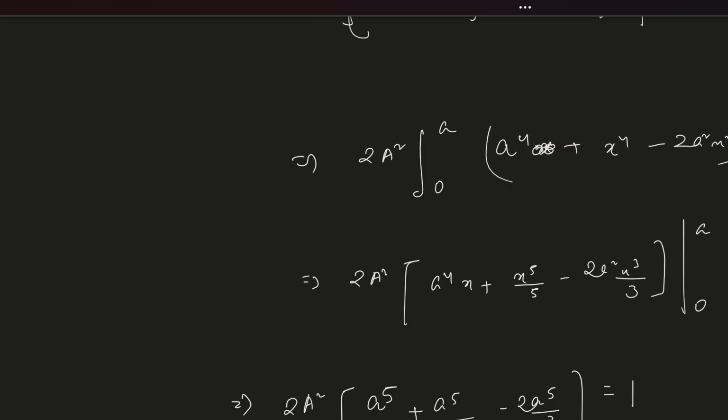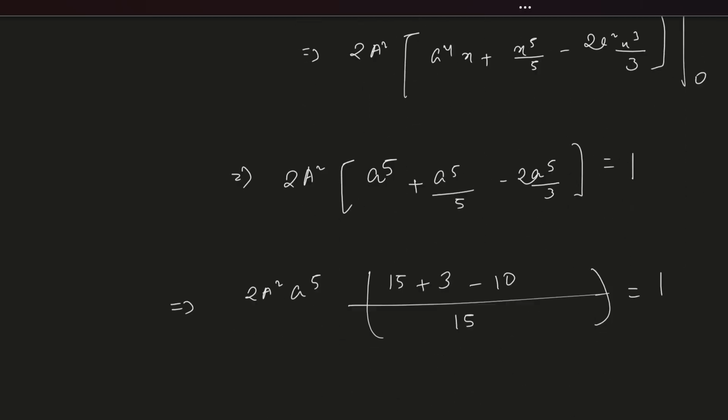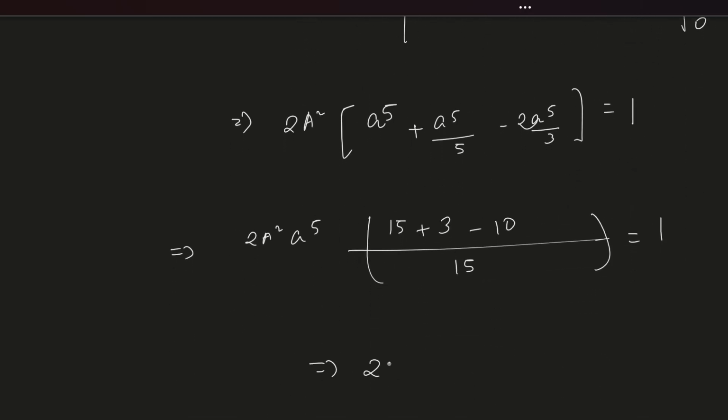The denominator is 15, so this is 15 plus 3 minus 10 equal to 1. So you get 2a squared into 8 by 15 a to the power 5 equal to 1. So a equals the square root of 15 by 16 a to the power 5.